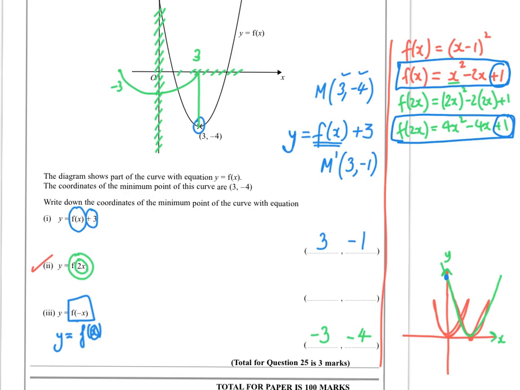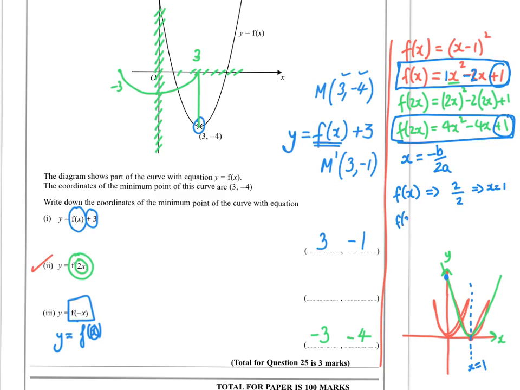But what would the line of symmetry be? Now here's one way of looking at it. The line of symmetry is minus b over 2a. So for the f of x graph, it's going to be minus minus 2, which is 2, over 2a. So the line of symmetry is going to be at x equals 1, just as we had here, x equals 1.